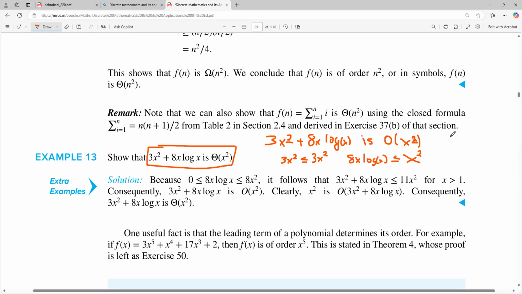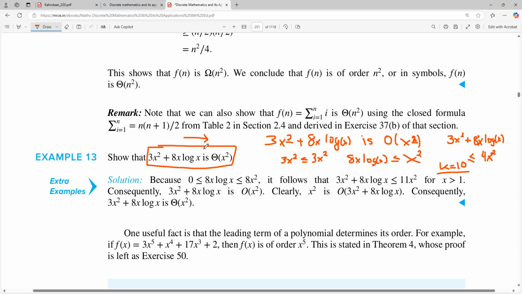We get that 3x squared plus 8x log x is less than or equal to 4x squared. And let's say k is 10. So that's the first direction.